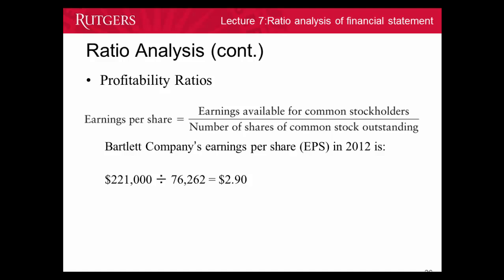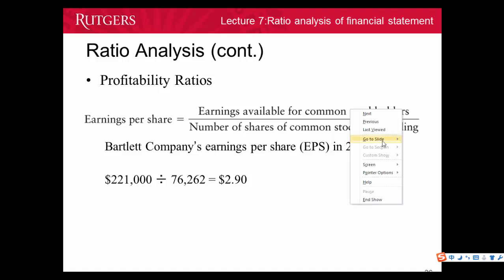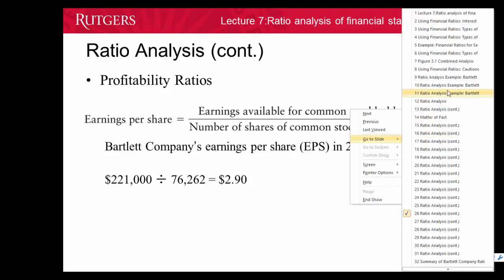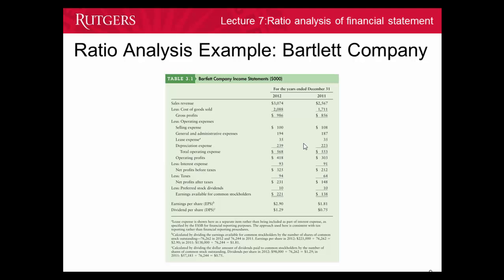Another profitability ratio is earnings per share, which is calculated by dividing earnings available for common stockholders by the number of shares of common stock outstanding. Again, let's go back. From the income statement, we again see earnings available for common stockholders. Now we need to find the number of common shares outstanding.